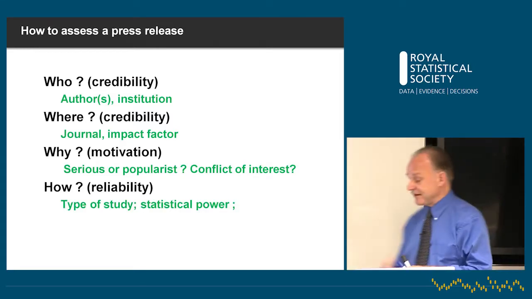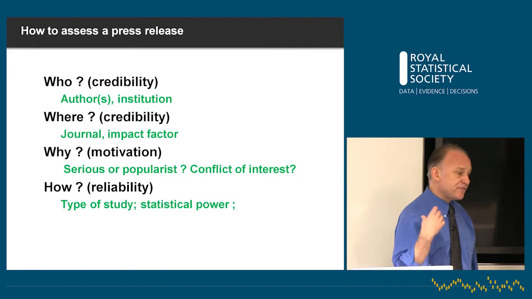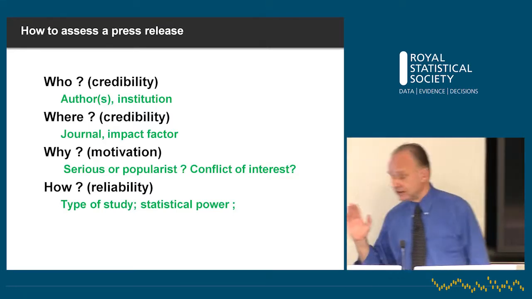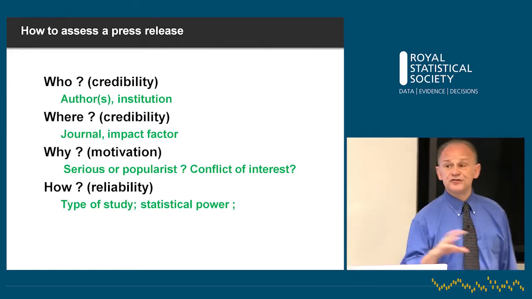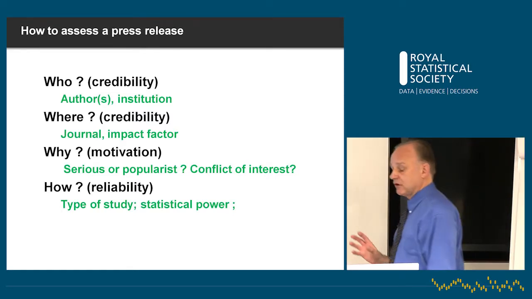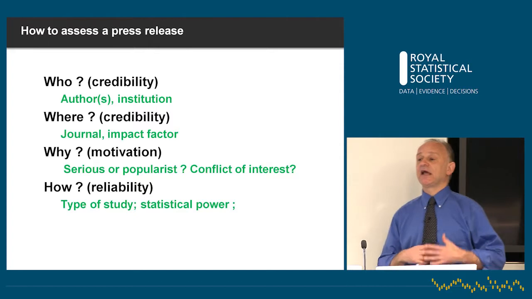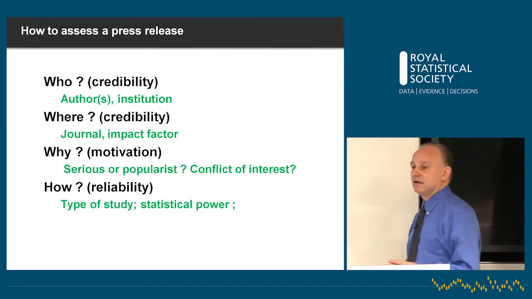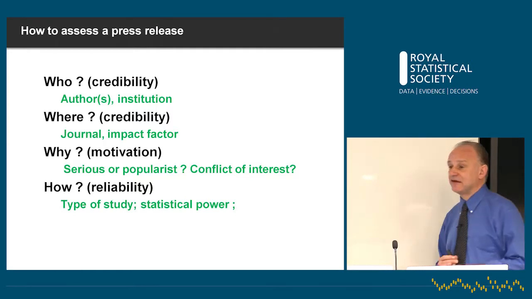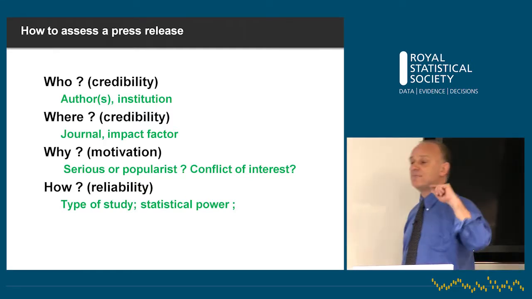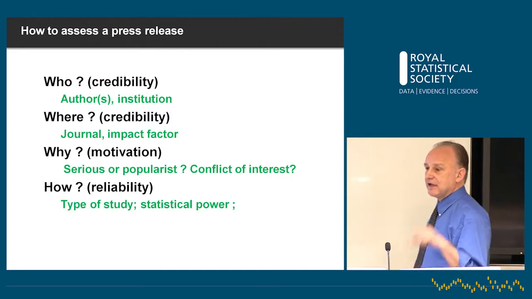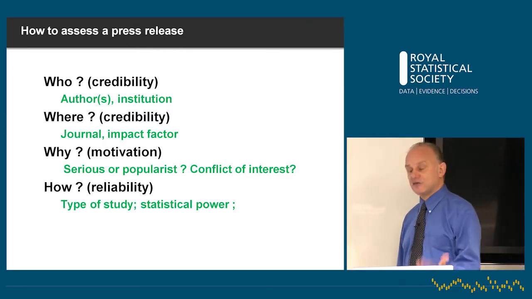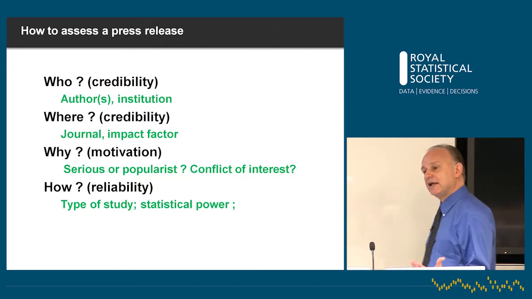The how affects the reliability, and that affects the type of study, which I'll go into in a bit more detail shortly, and also a concept called statistical power, which I'll also explain. Roughly speaking, the bigger the study, the more statistical power it has to detect an effect. But bear in mind that big studies don't necessarily produce compelling evidence for a very specific effect that they looked at.